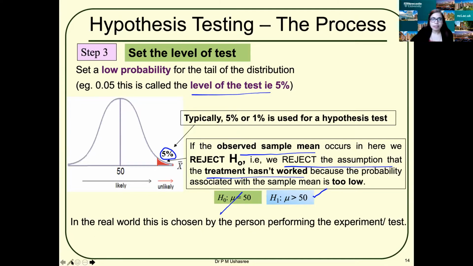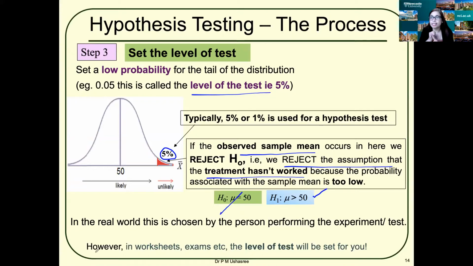But for you during this course or in the exam, the level of test will be set for you. So we know what is step 3. Step 1, set the null hypothesis. Step 2, set the alternative hypothesis. Step 3, set the level of test. And this level of test should be a low probability, as low as possible.